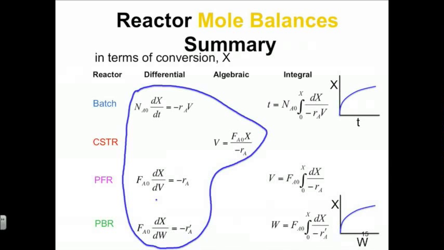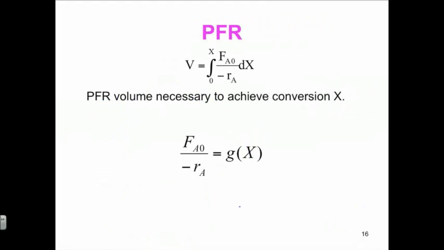Now we're going to look at how we're going to evaluate these equations, such as the PFR, if we're given the quantity FA0 over minus RA, from experimental data or from theory, as a function of X. If that's the case, then we can just carry out this integration and we can determine the reactor volume V for a CSTR, PFR, or so on.